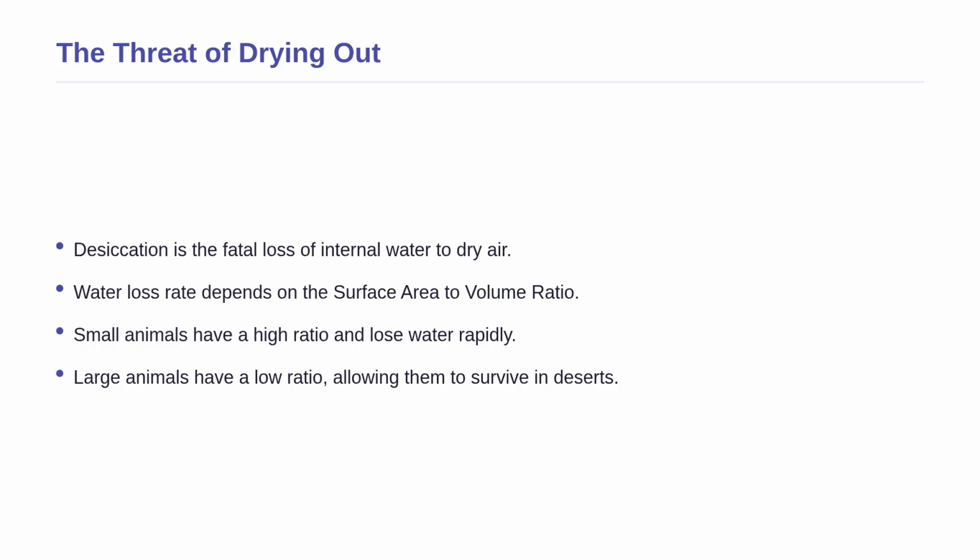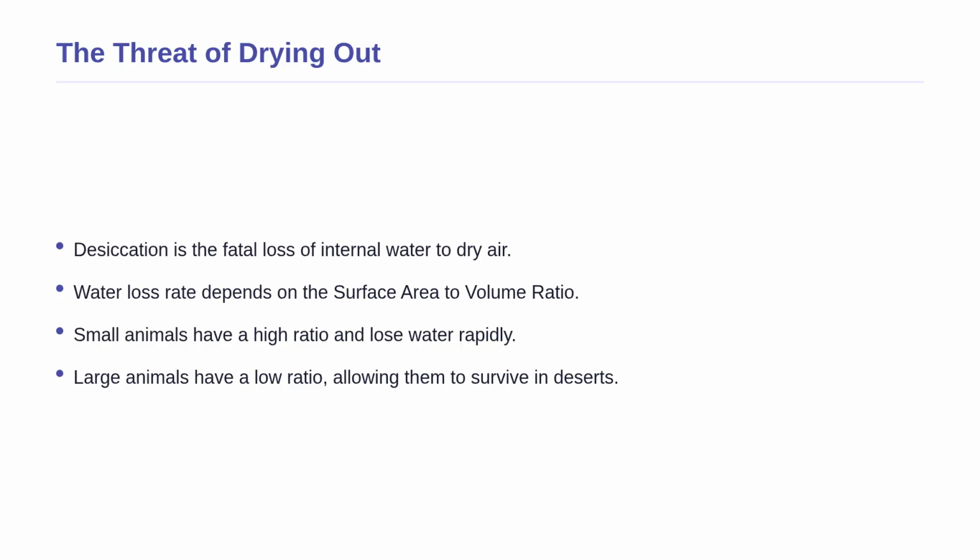While breathing air was a massive hurdle, it was not the only one. This brings us to another deadly threat: desiccation, or drying out. The rate at which an animal loses water to the dry air is directly related to its physical dimensions. Specifically, it depends on the ratio between its surface area and its internal volume.